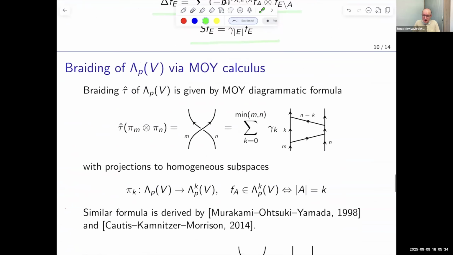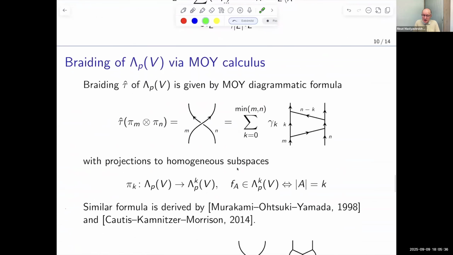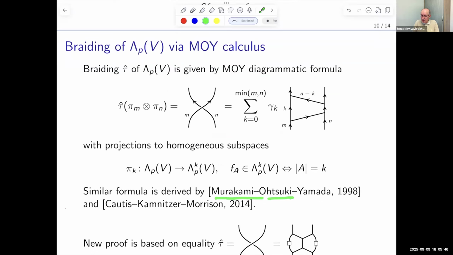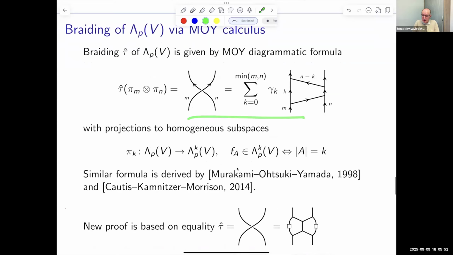Another result is that the braiding on the underlying Hopf algebra is given by the following Moy diagrammatic formula. Moy comes from Murakami, Ohtsuki, Yamada.